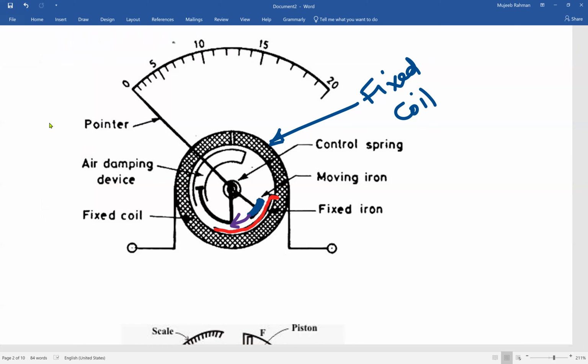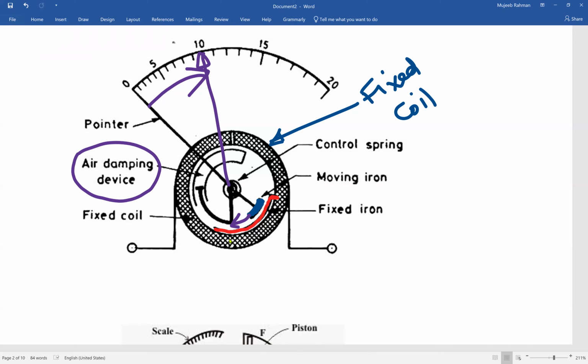Once it moves in the direction shown in the diagram, the pointer starts moving and gives you a reading like this. As mentioned, this mechanism uses electromagnets because no permanent magnets are used. In addition, you will find a component called the damping device, whose purpose I'll discuss in the next slide.